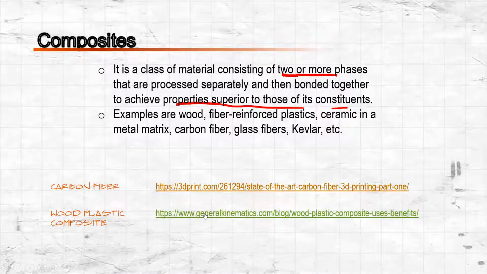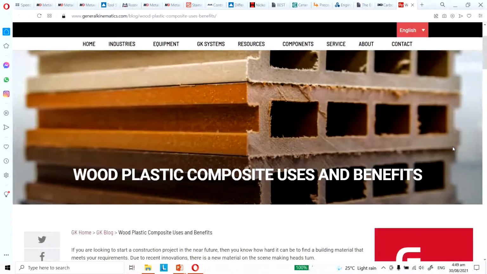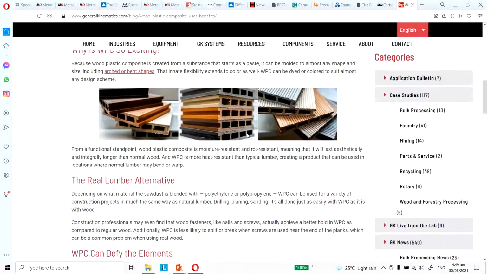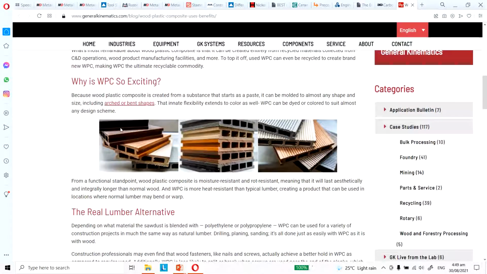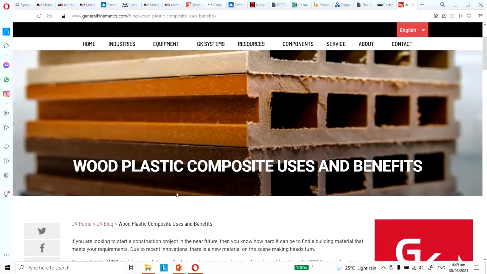Another example is wood plastic composites. This one is for structural or building applications, and it combines the properties of wood and plastics.